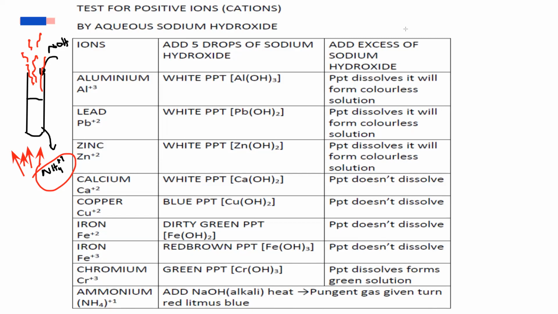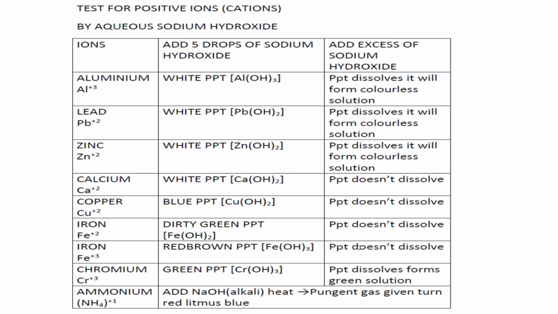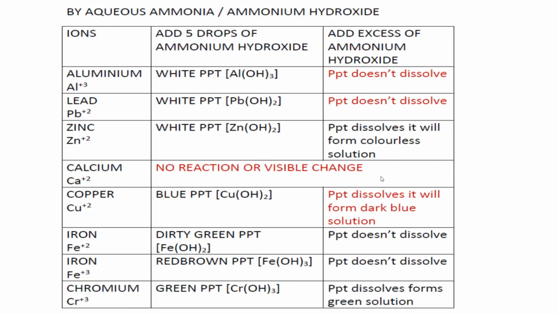The second way to identify the positive ion is by testing with aqueous ammonia, or ammonia solution, or ammonium hydroxide. Aqueous ammonia, ammonium hydroxide, ammonia solution are all the same concept. To test an ion, for example aluminium, instead of adding sodium hydroxide we can also add aqueous ammonia.